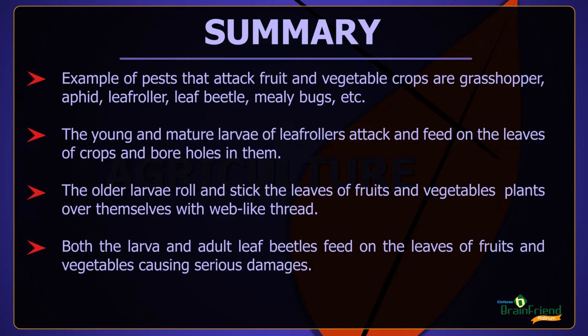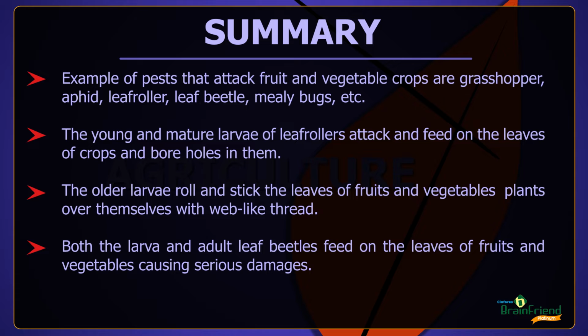Now we've come to the end of our lesson, but before we go, let us take a quick summary of what we have discussed so far. We've seen some examples of pests that attack fruit and vegetable crops, and we've mentioned some of them, which include grasshopper, aphid, leaf roller, and others. We've also seen that the young and mature larvae of leaf rollers attack and feed on the leaves of crops while boring holes in them as they feed.